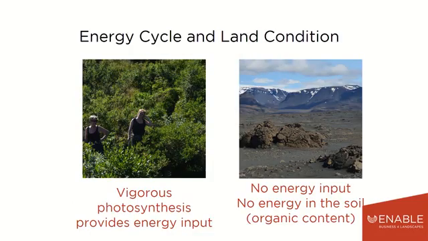First, the energy cycle. We need green vegetation on the surface to harvest the energy of the sun. Without it, the system degrades and eventually collapses because the system loses the ability to recharge the energy reserves in the soil.